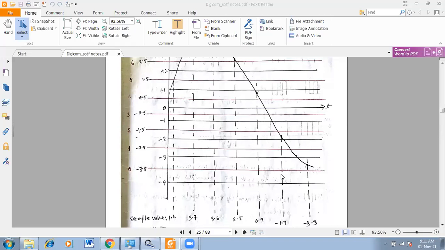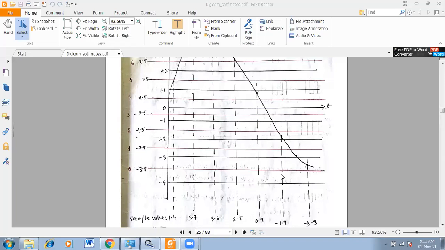So 8 means 2 to the power 3. If we take 4 number of quantization level, it should be 2 to the power 2. So 2 to the power 2 is 4, 2 to the power 3 is 8, 2 to the power 4 is 16, 2 to the power 5 is 32. So here we are going to use 8 number of quantization level.